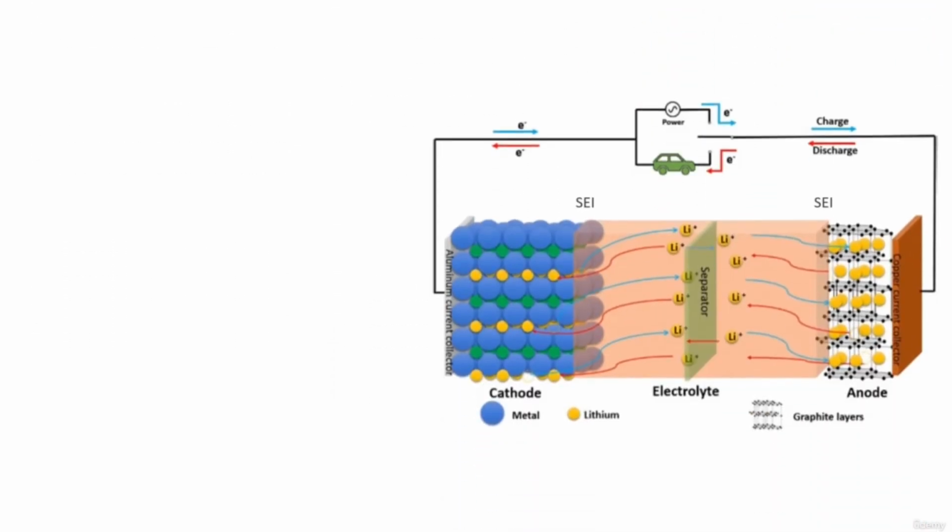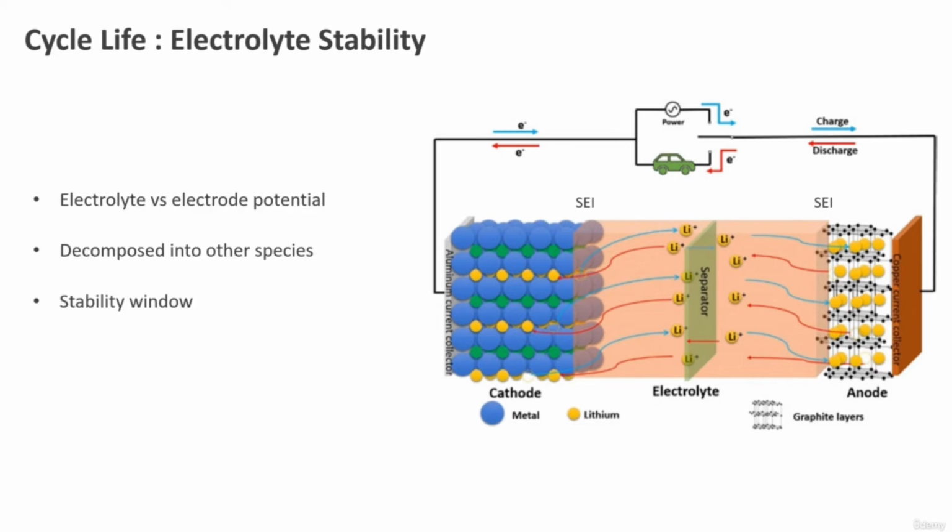Next, we consider potential causes of finite cycle life of batteries, that is, the limited number of times they can be charged and discharged. The electrolyte in the battery is exposed to the reduction and oxidation potentials of the two electrodes.